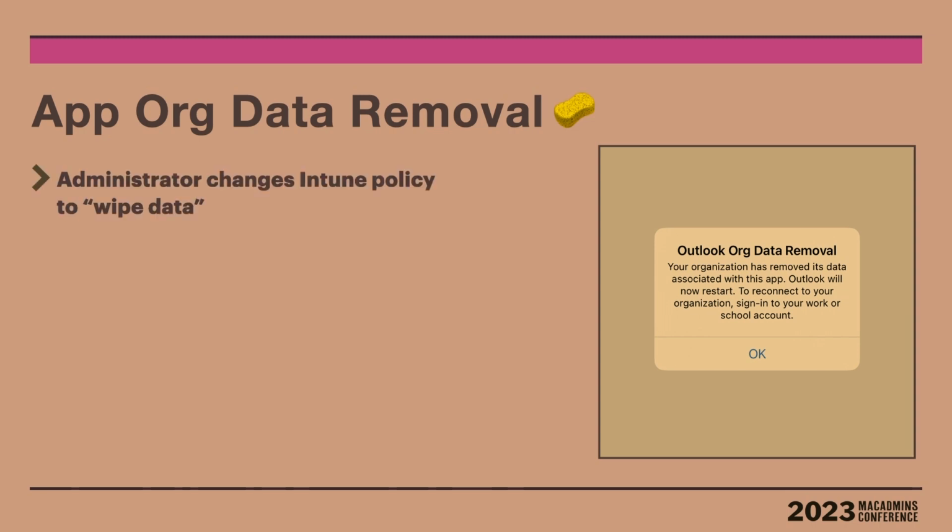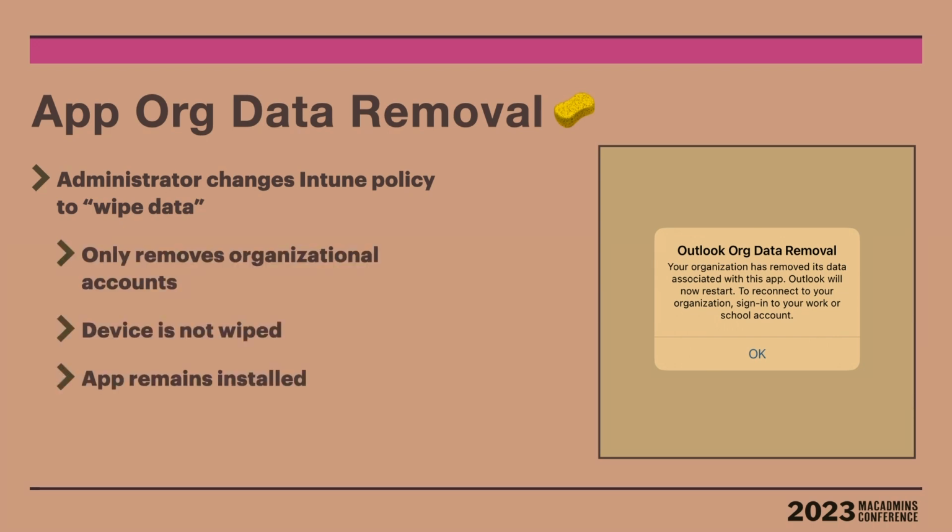The administrator changes the Intune policy to wipe data. Now again, it's not wiping the phone. It is only wiping the organizational data contained in those Microsoft apps that you have designated to be under these policies. The app remains installed.